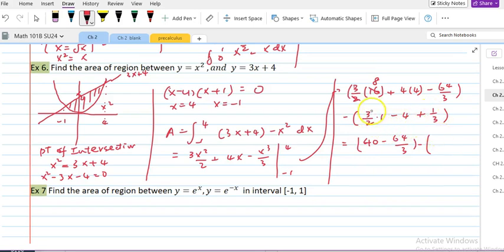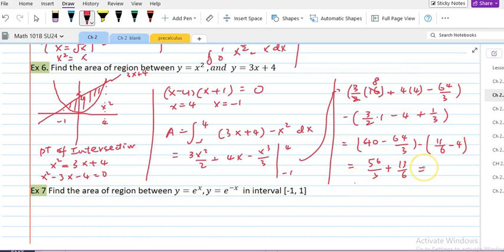For 3 over 2 we have to do a common denominator. 3 over 2 plus 1/3 would be 9 over 6 and 2 over 6, so it's 11 over 6 minus 4. So see what we can do. 120 minus 64 is 56 over 3, minus 11 over 6 minus 24 over 6, so it becomes a plus. 24 minus 11 is 13 over 6.